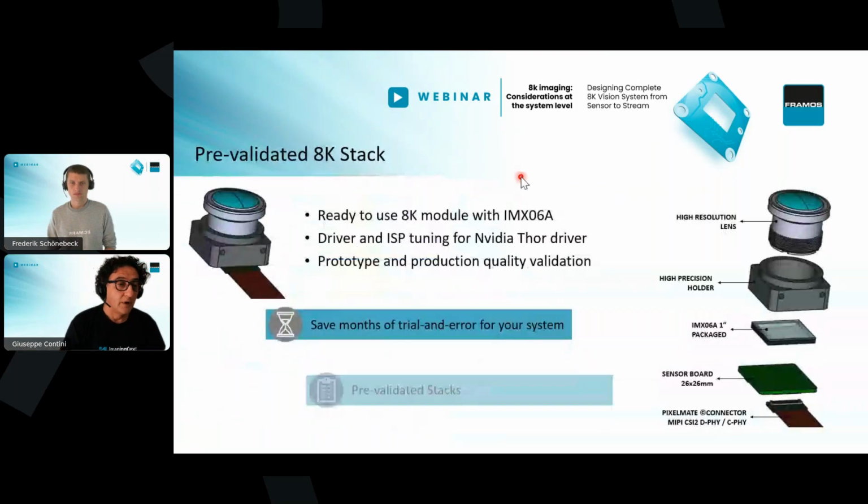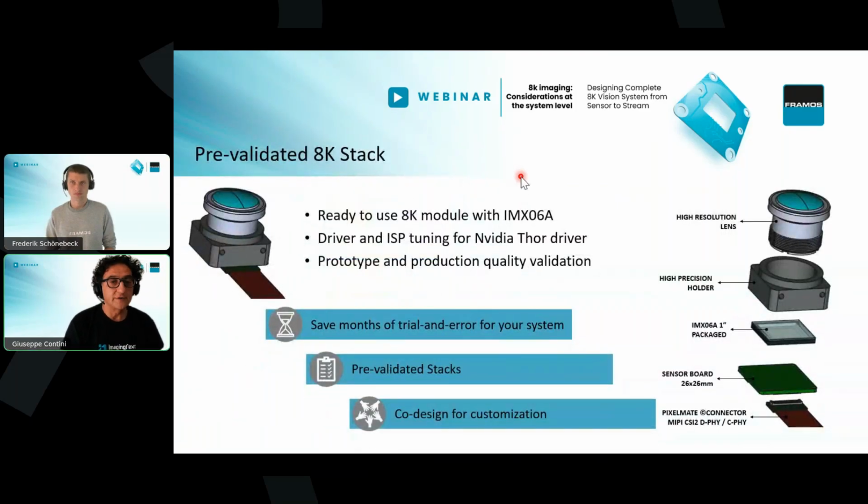So you see how Framos not only investigates the challenges and builds prototypes, but is also investigating and making available some pre-validated 8K stacks, something that you can buy for testing, or use as a starting point for co-design, where work can be done together.